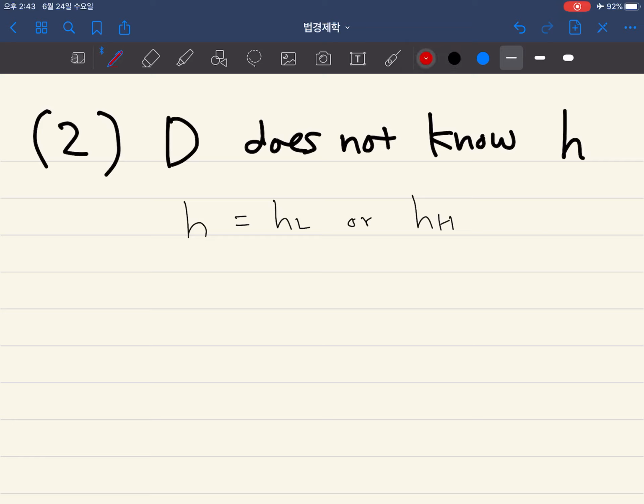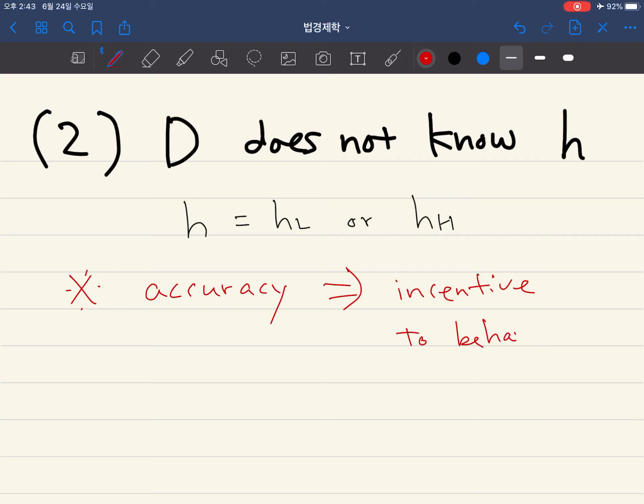So remember, as I explained last time, what was the benefit of accuracy? So the benefit of accuracy was to provide incentive to the defendant to behave properly.